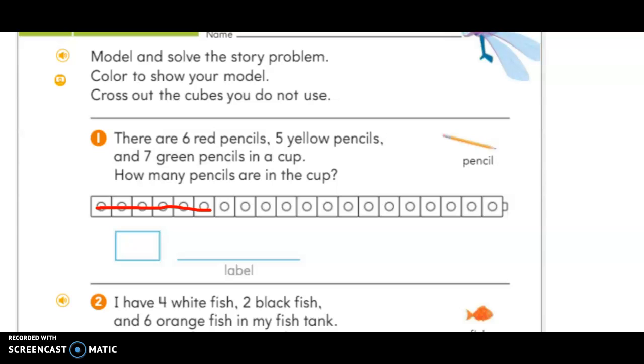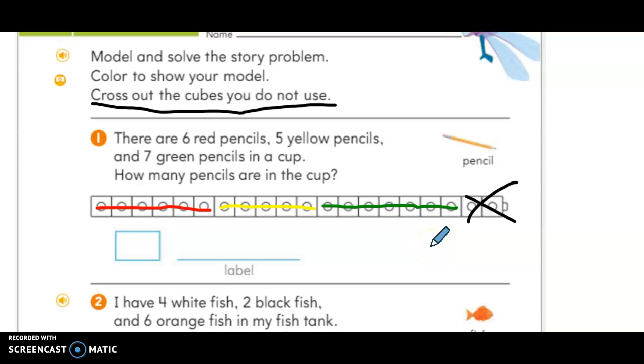Okay, now I need 5 yellow. 1, 2, 3, 4, 5. And I need 7 green. 1, 2, 3, 4, 5, 6, 7. What did it say to do with the cubes that we don't use? Cross out the cubes you do not use. Yes, we can follow that direction.